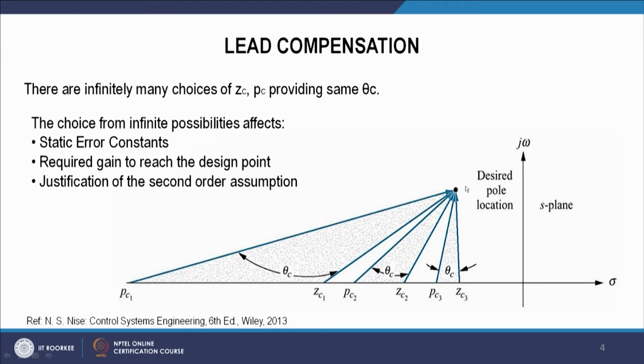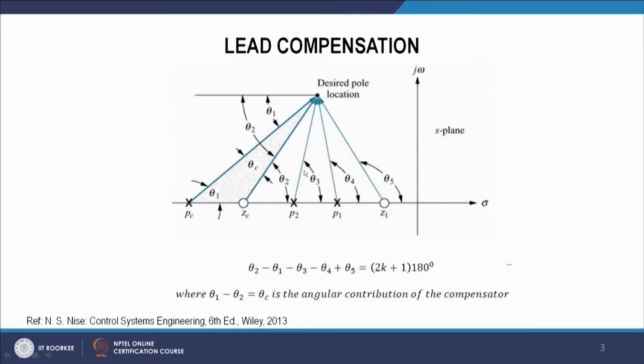So if we want to design the lead compensation of the system, first we have to find the desired pole location and then select some value of the 0. We assume some 0 location, and for this desired pole location we must compute the angles made at this point by this 0 and the system poles. We see in this figure that first we put a 0 to get this desired pole location, and we calculate all the angles.